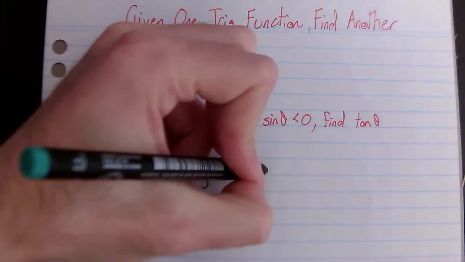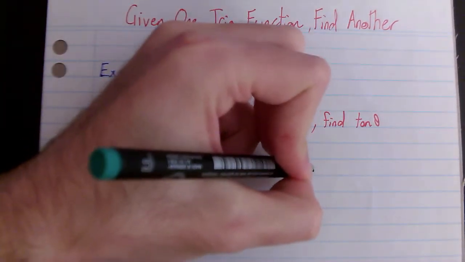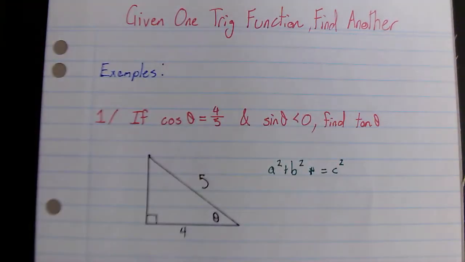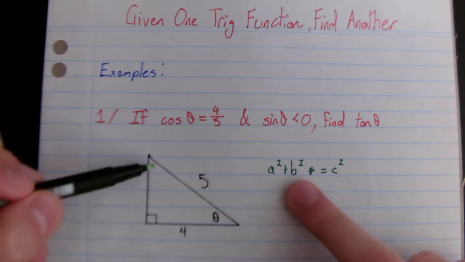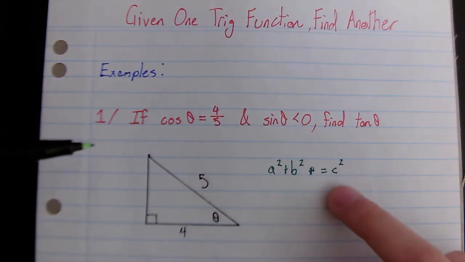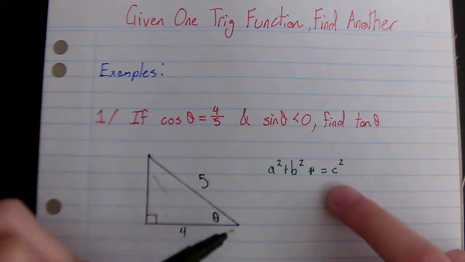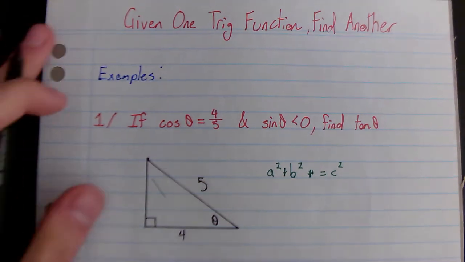We're going to use Pythagoras' theorem, which states that a squared plus b squared equals c squared, where a and b are these two sides of a right-angled triangle, and c is the hypotenuse.